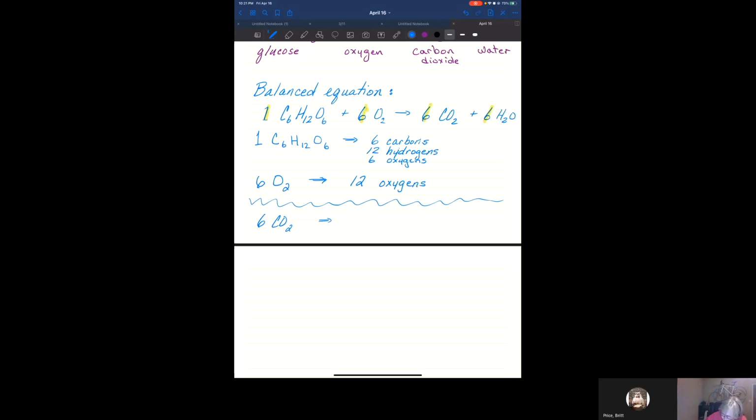Well, that means I have 6 carbons and 12 oxygens. And then the 6 water mean that, again, I have 12 hydrogens and 6 more oxygen.